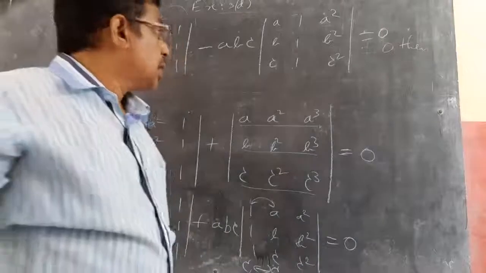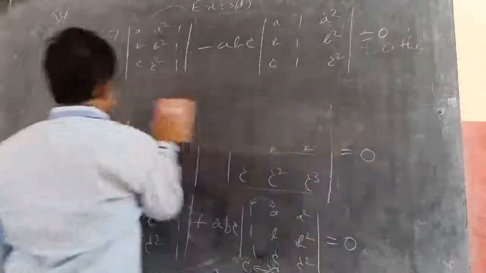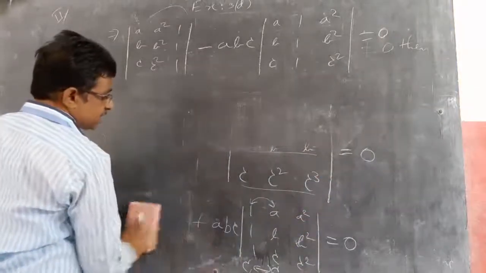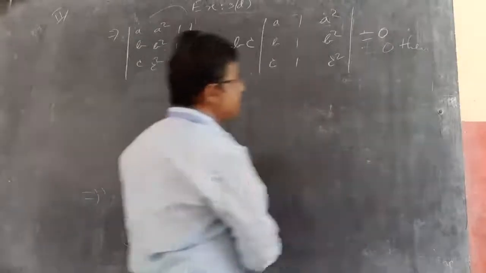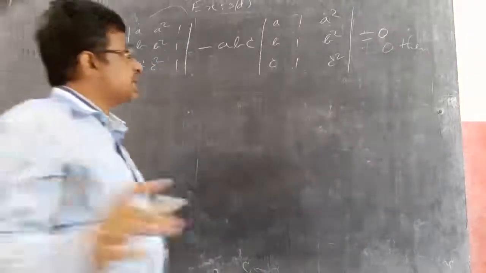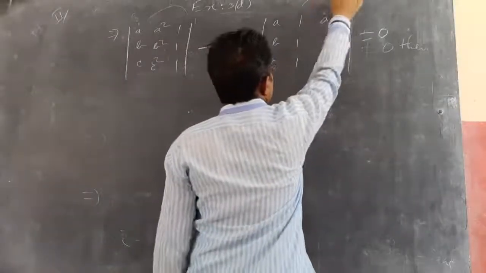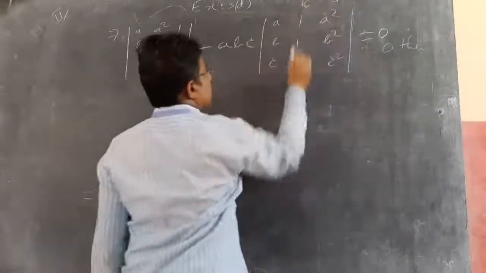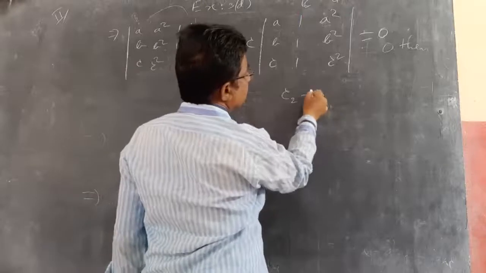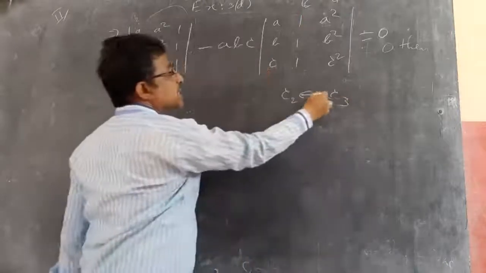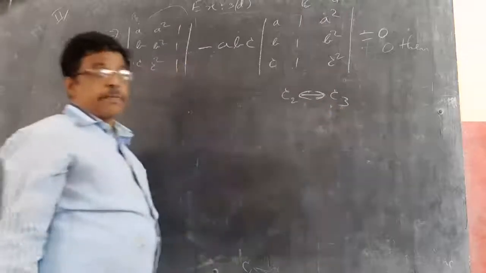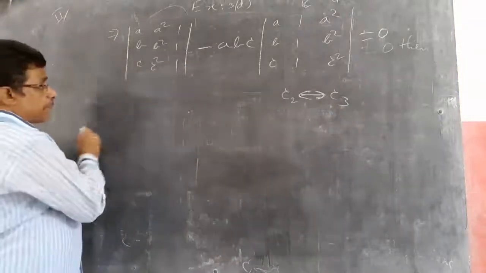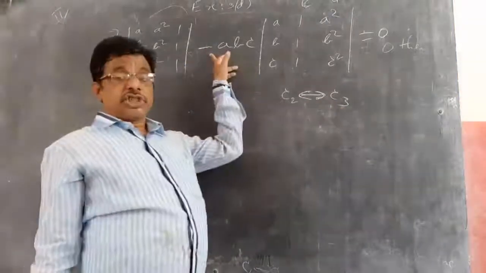Now if I interchange C2 with C3, the second column with the third column, then again it will change by sign. If two columns or two rows are interchanged, it changes sign. So C2 interchanging with C3. You need to write the property also. So according to that property, again it will change by sign.